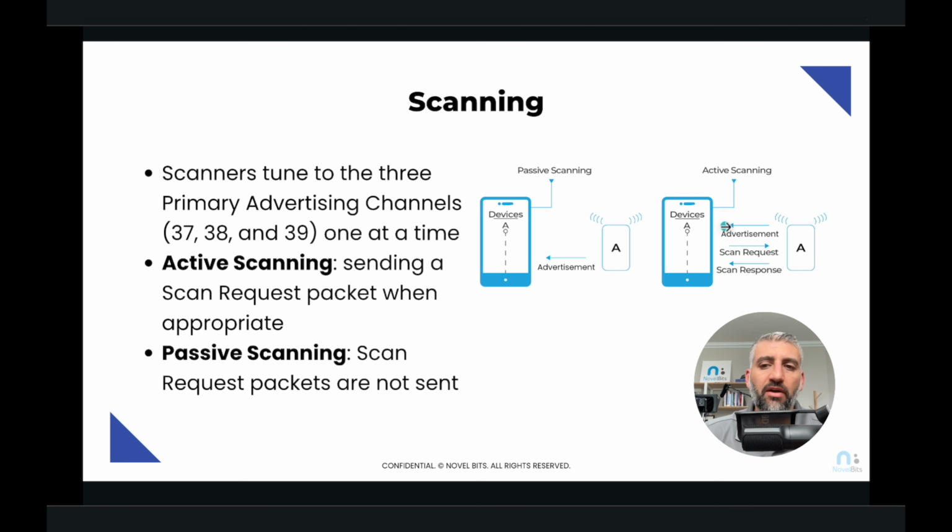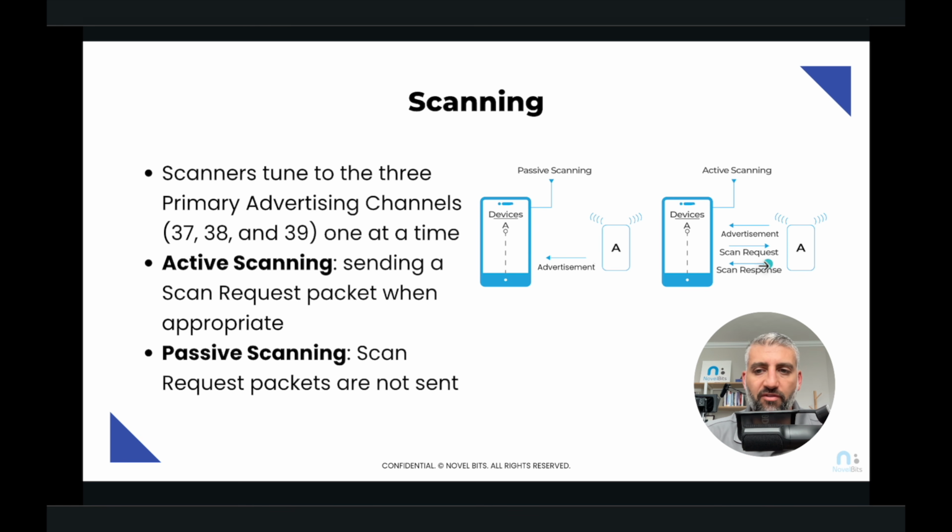On the right side, you'll see this is a case of active scanning. Device A is the central or the scanner device, and most commonly it's going to be a smartphone. It receives an advertisement and finds that it is a scannable advertising packet, so it's able to send what's called a scan request, and in response the device will send a scan response.